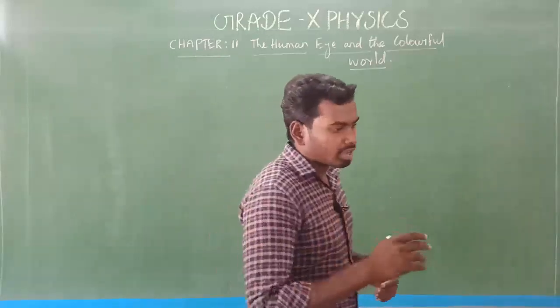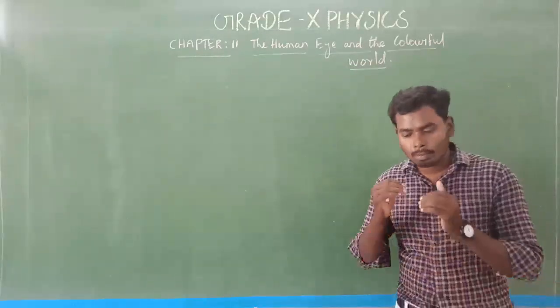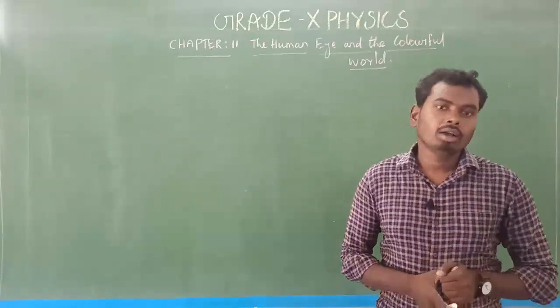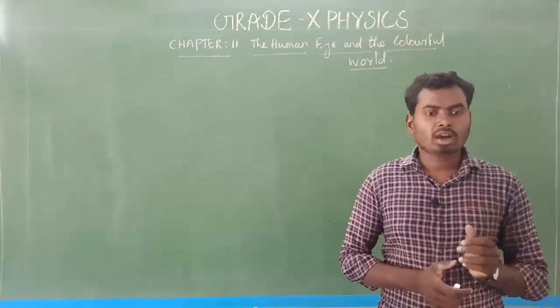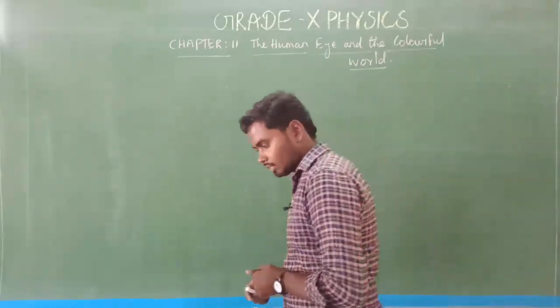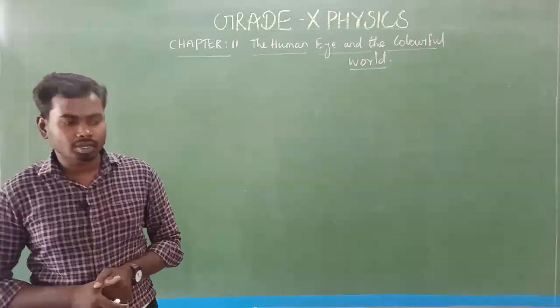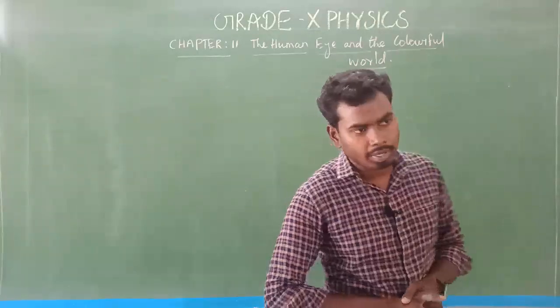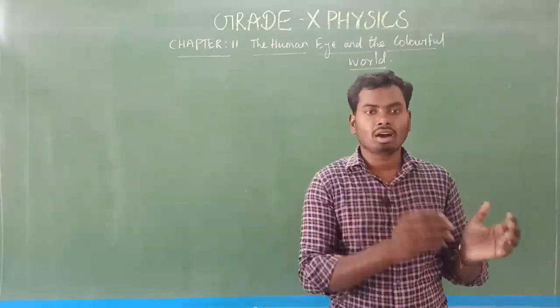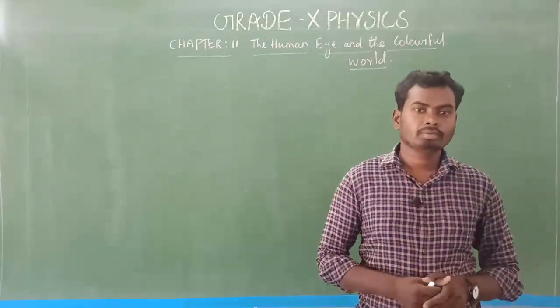Due to refraction, some optical phenomena happen. So that is called atmospheric refraction. When refraction happens in the Earth's atmosphere due to different air layers having different densities, it is called atmospheric refraction. Is it clear?